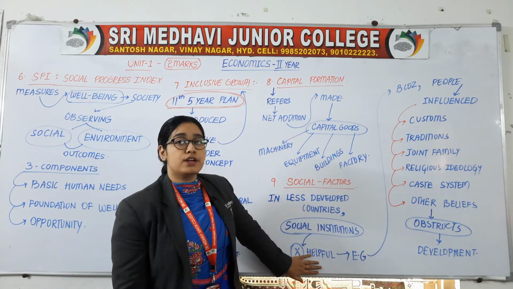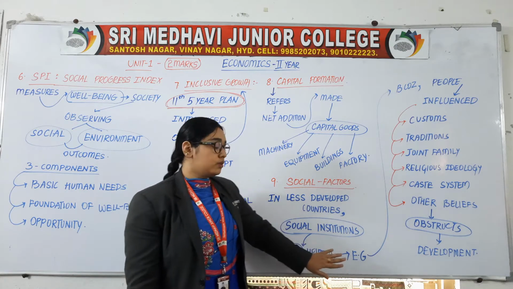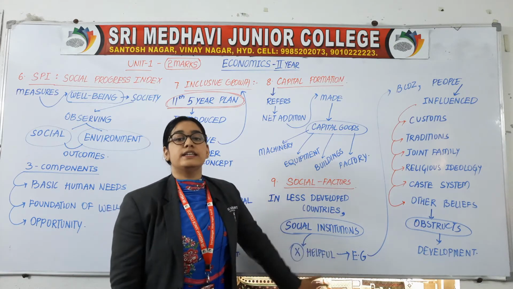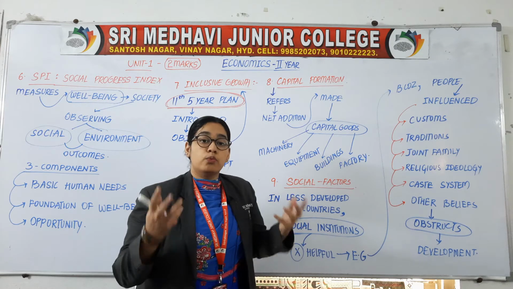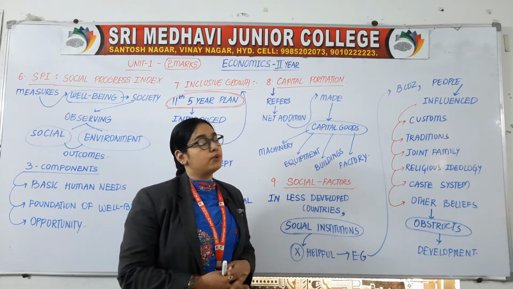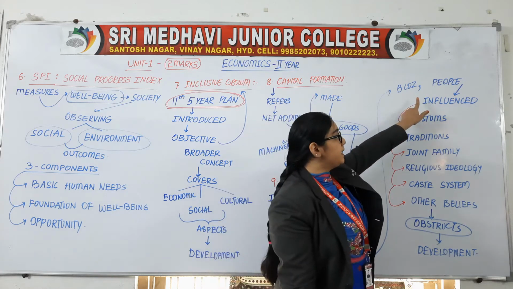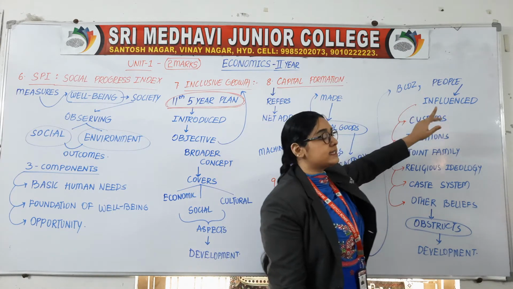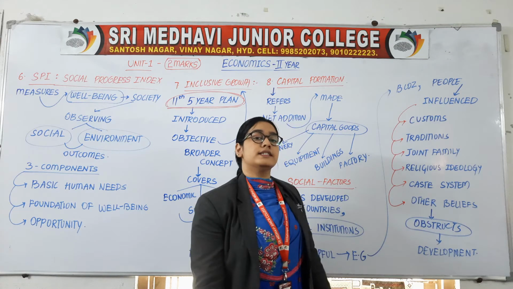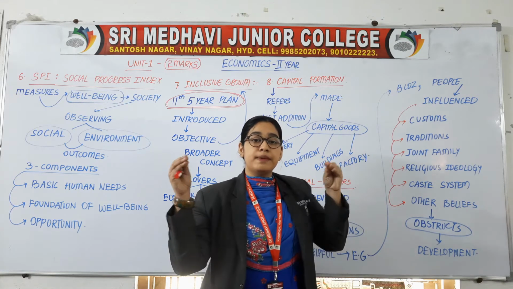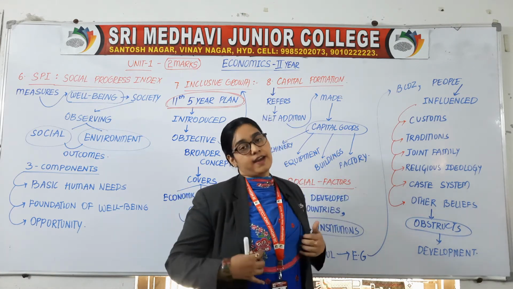Which institutions are not helpful for economic growth? Social institutions. Why are they not helpful for economic growth? Because people are more influenced by all these factors. That means people are affected by these factors.